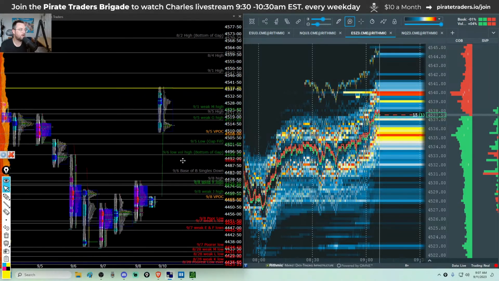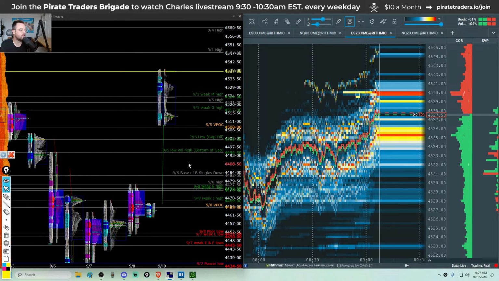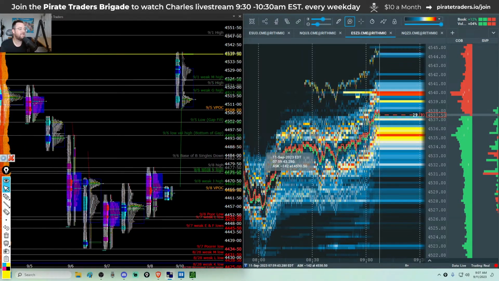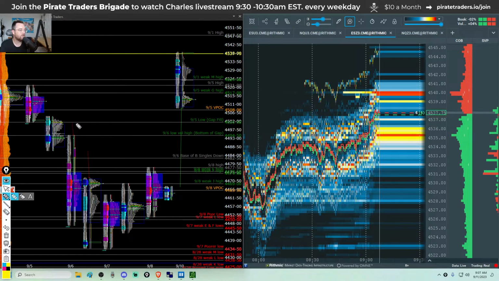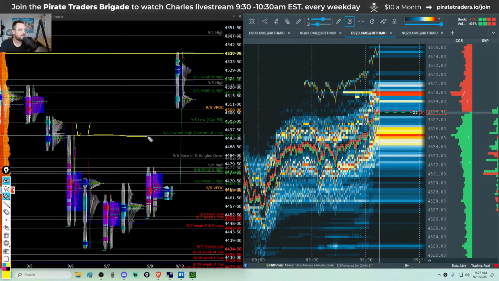I would also make a note, this is going to be a little confusing for the newer people, but we have a gap inside a gap. Okay, so there was a gap down last week from 45.02 to 44.94. That is an unfinished auction that needs the market to come back and pass through it to finish off that auction. We are now opening way above it.